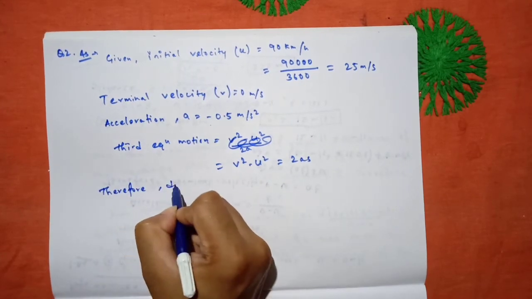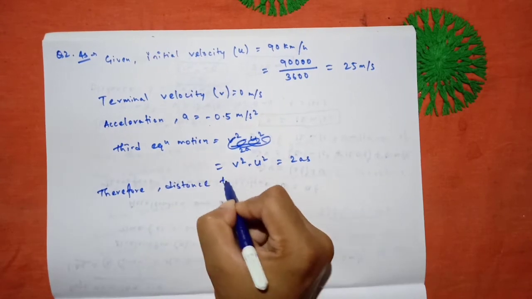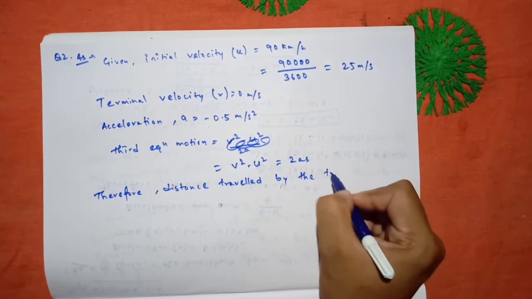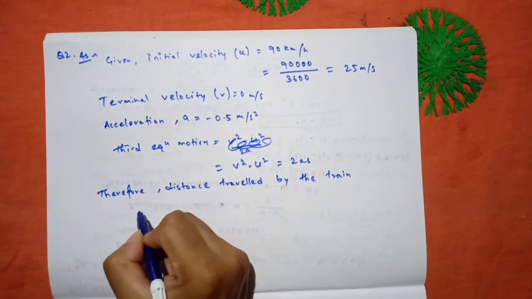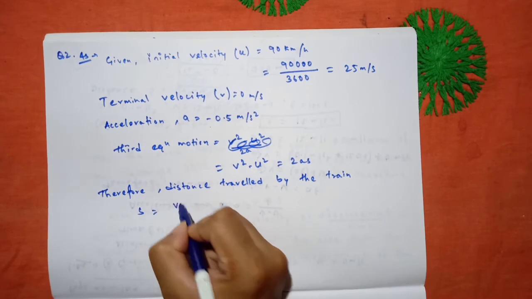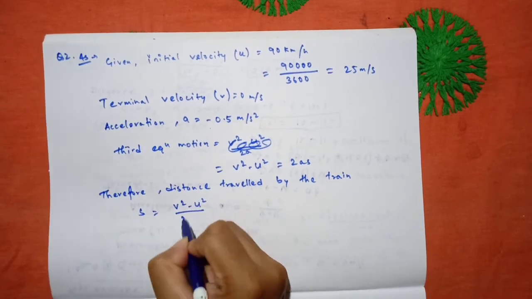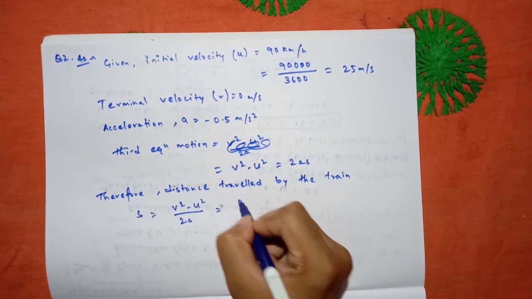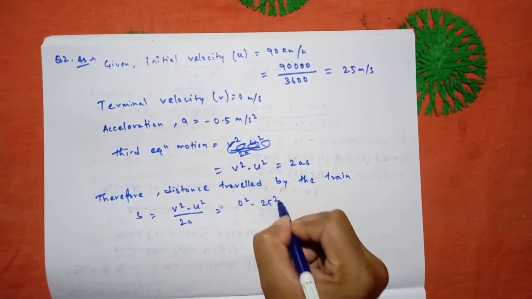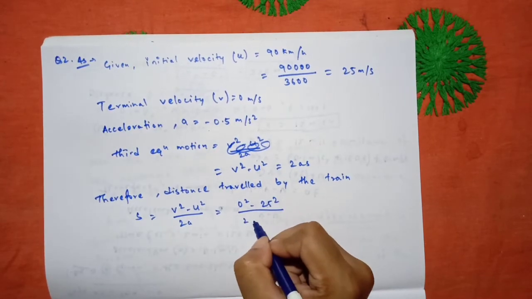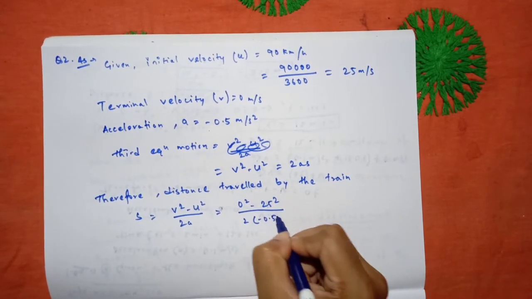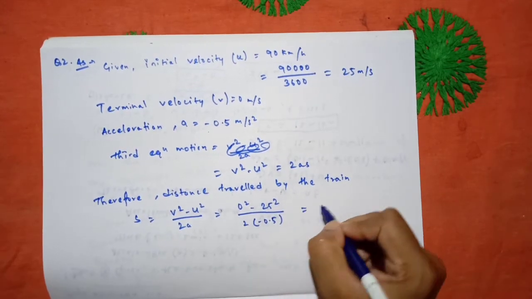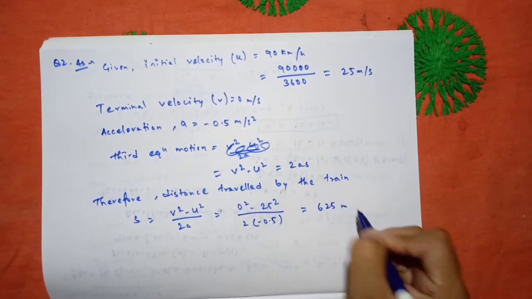Therefore, to find out the distance traveled by the train, we have to find out s. s is equal to v square minus u square divided by 2a. So v square is 0 square minus 25 square, divided by 2 into a, which is minus 0.5. So this will become 625 meters.